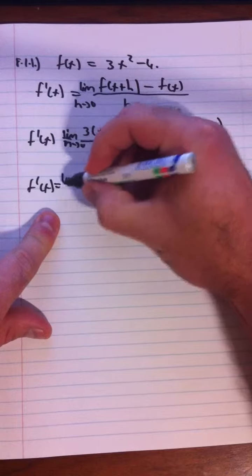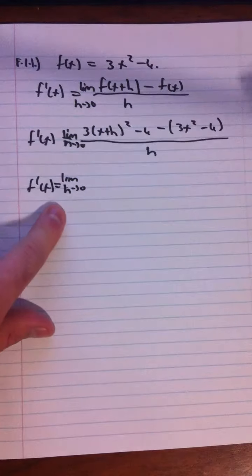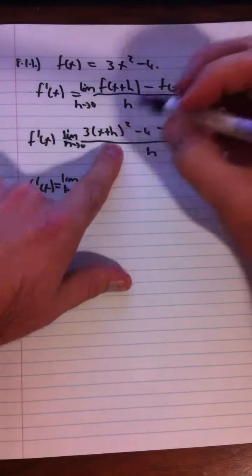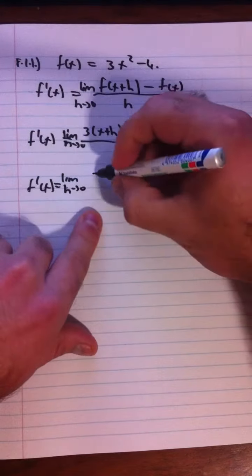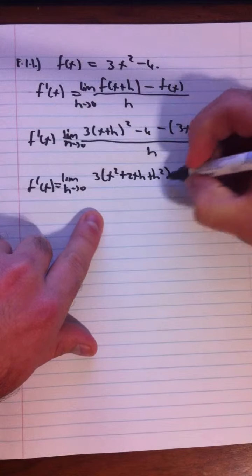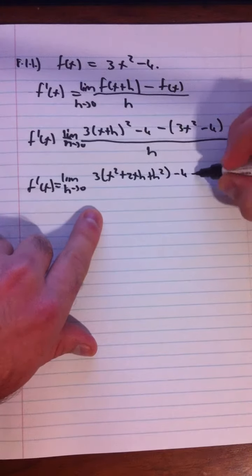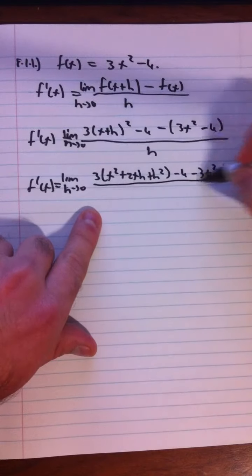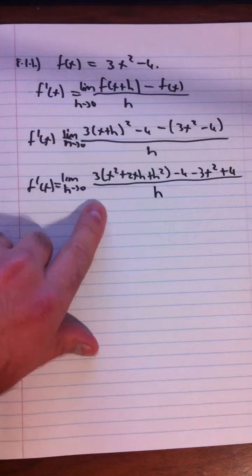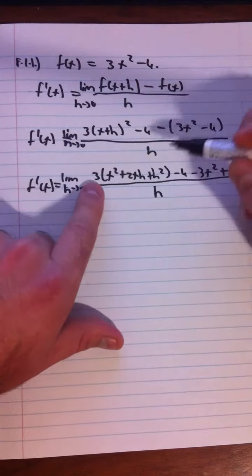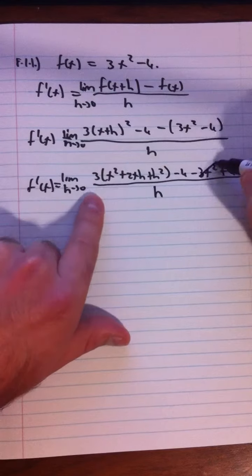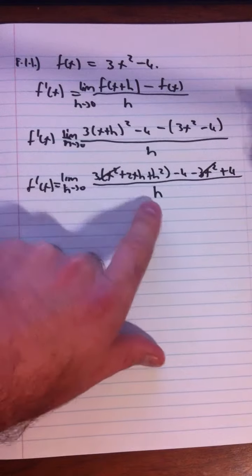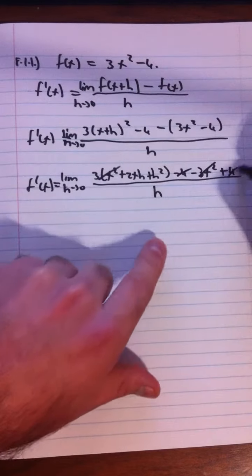Limit as h approaches 0 of, now let's multiply out this bracket, 3x squared plus 2xh plus h squared minus 4 minus 3x squared plus 4 all over h. Okay, so 3x squared minus 3x squared, that cancels out. Minus 4 plus 4, that cancels out.